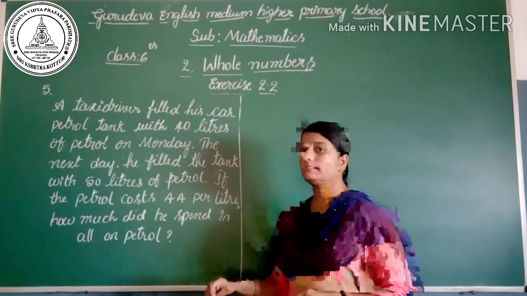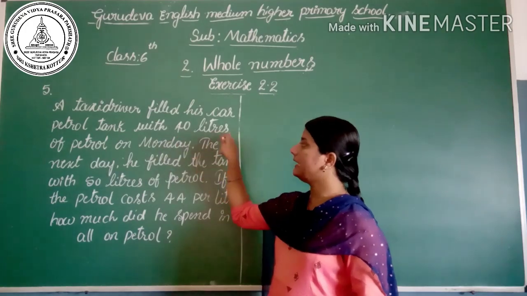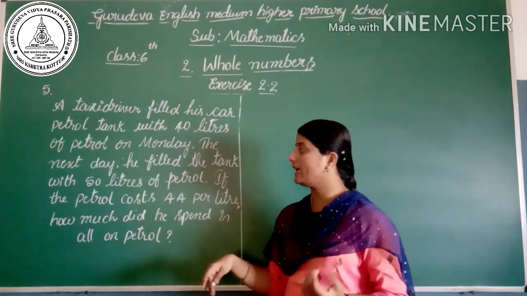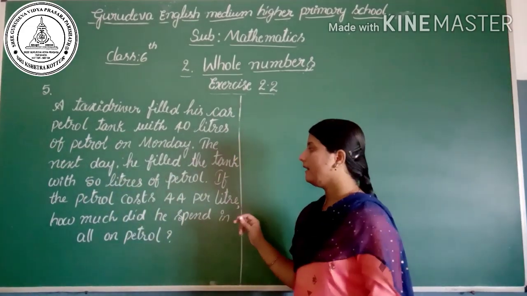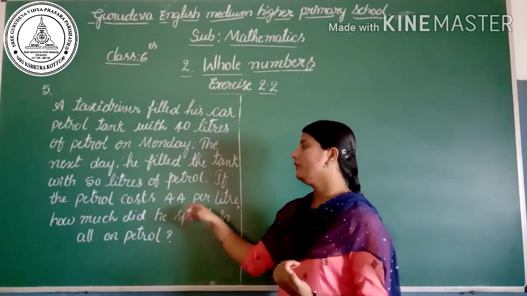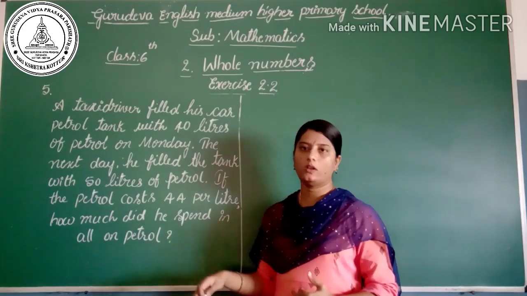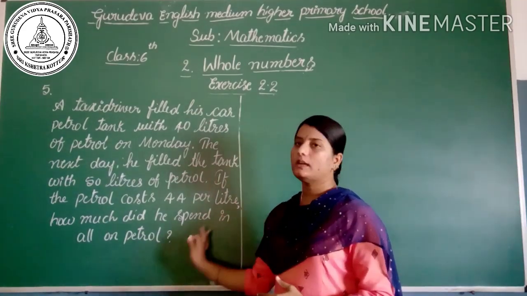He filled his car petrol tank with 40 liters of petrol on Monday, and the next day, Tuesday, he filled 50 liters of petrol, and the cost of the petrol per liter is 44 rupees. How much money did he spend in all on petrol? Yes, we have to find out the total amount here.